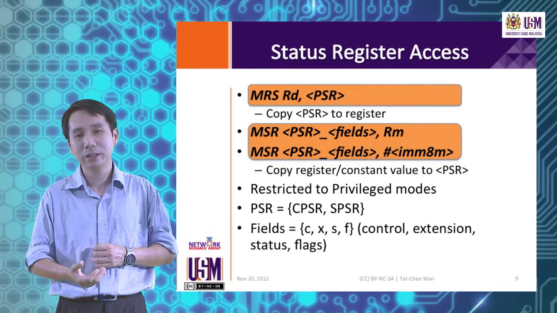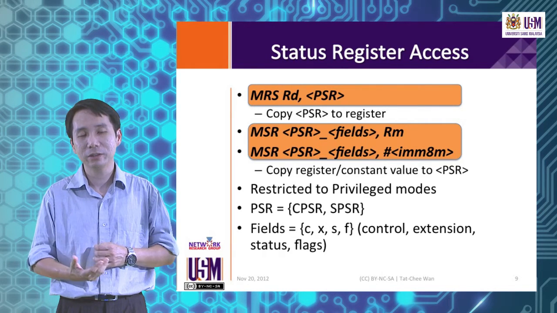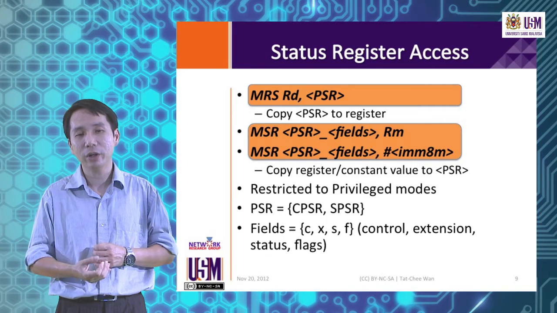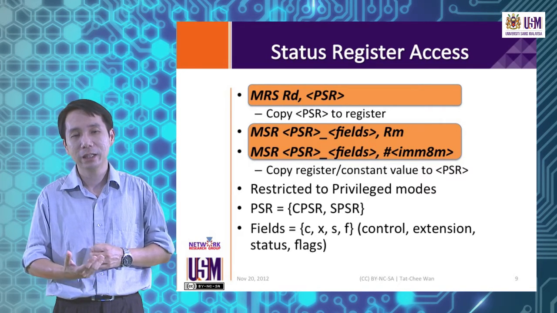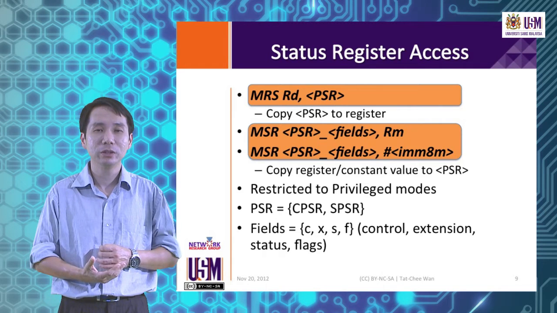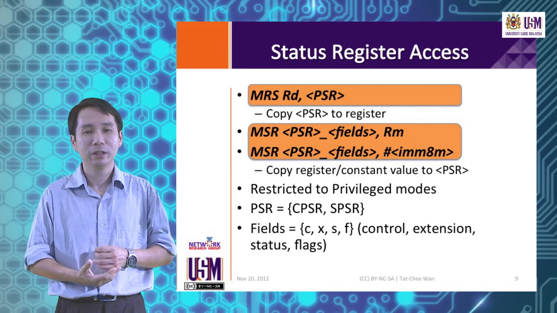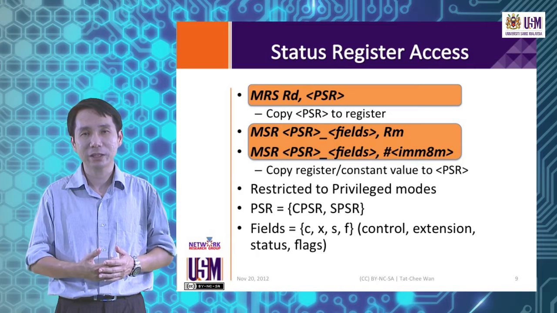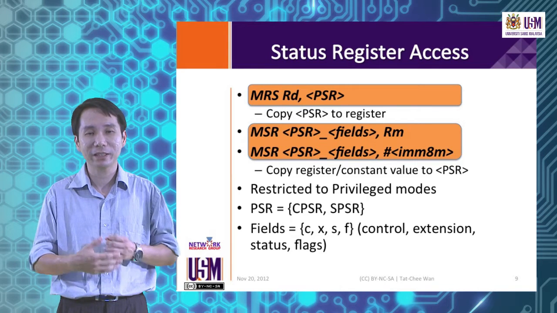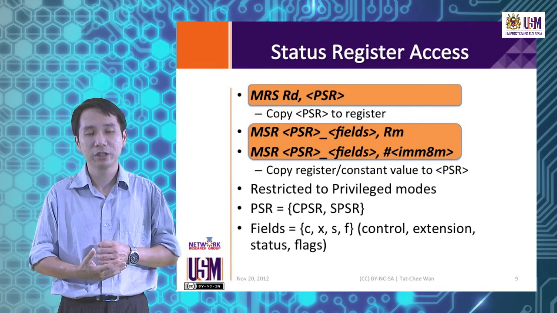We can either update the value using a constant immediate 8-bit value, or else we can load the constant value into a register first and then copy it into the status register. Of course, these two operations are restricted to privileged mode because the status register is privileged.